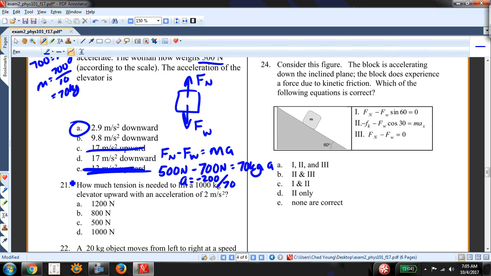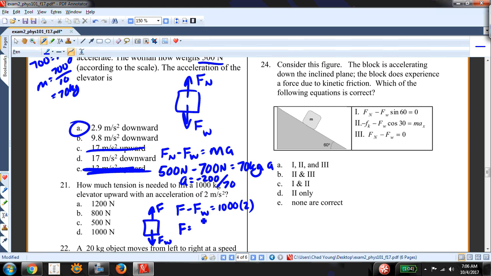How much tension is required to lift a 1,000 kilogram elevator upward with an acceleration of 2 meters per second squared? Very similar here. Here's my elevator, here's my force, here's my weight. F minus Fw equals the mass, which is 1,000 times 2.